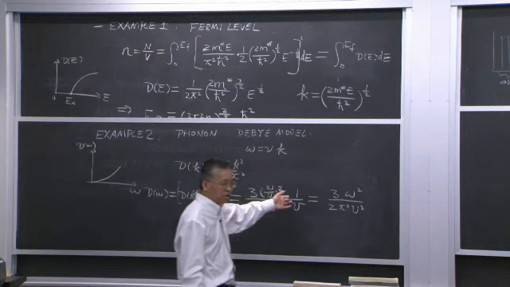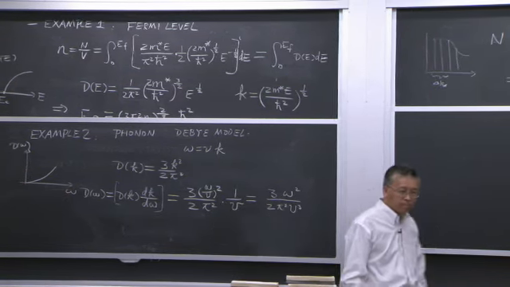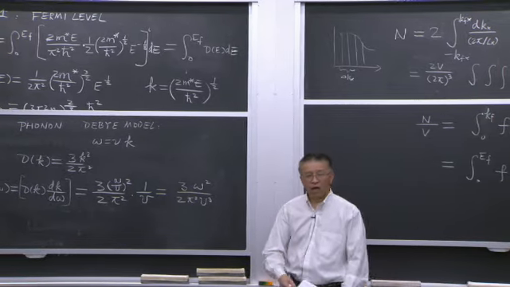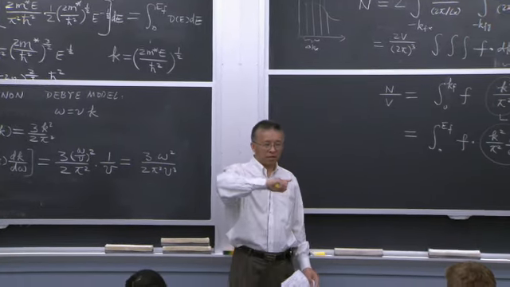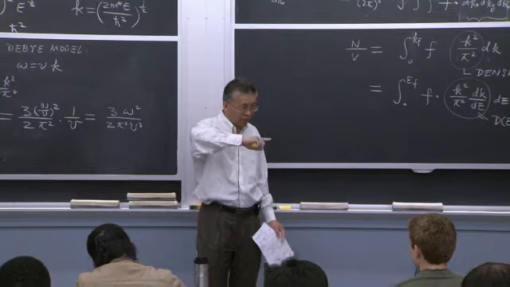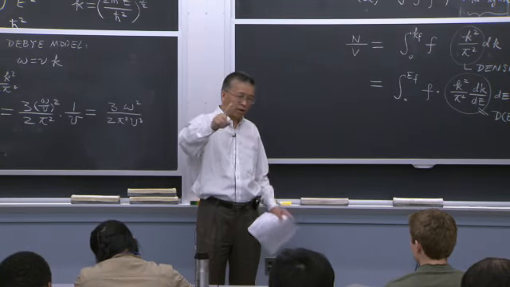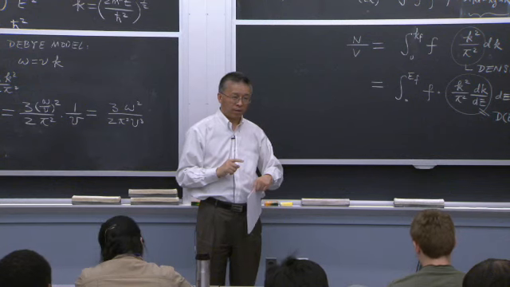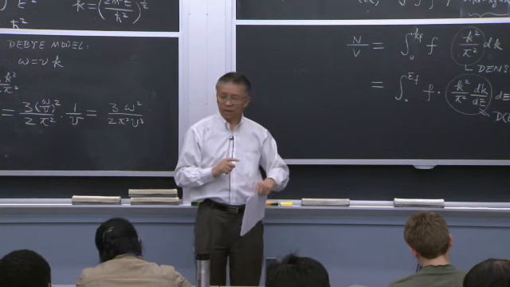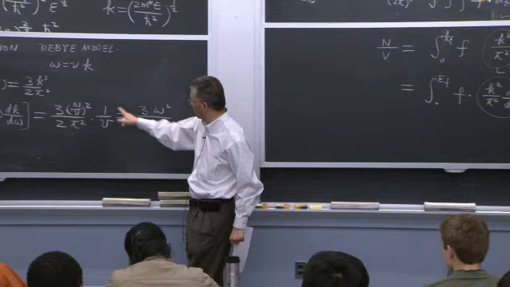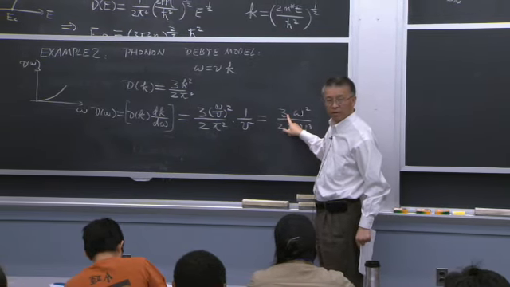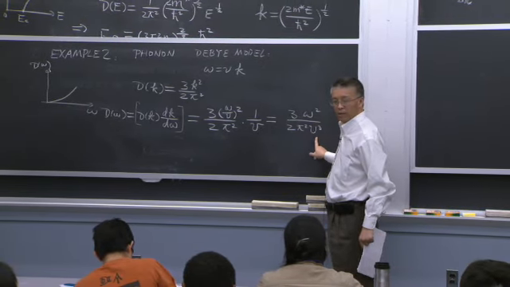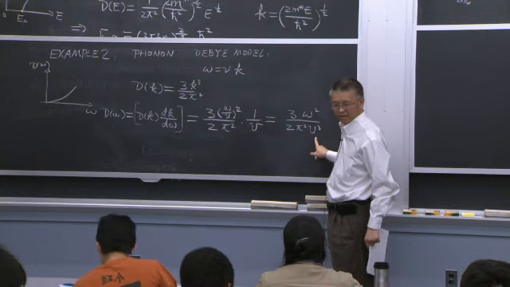Now, this could be easily converted into photon. For photon, there's no longitudinal electromagnetic wave, only two polarizations, two transverse waves. So that should not be 3, it should be 2. And the speed of sound becomes the speed of light.